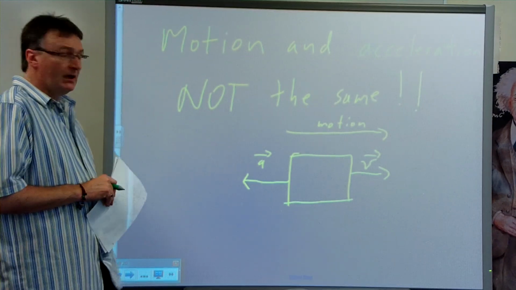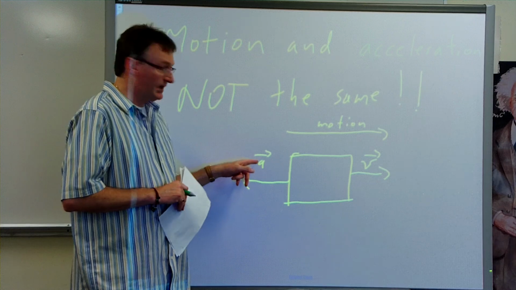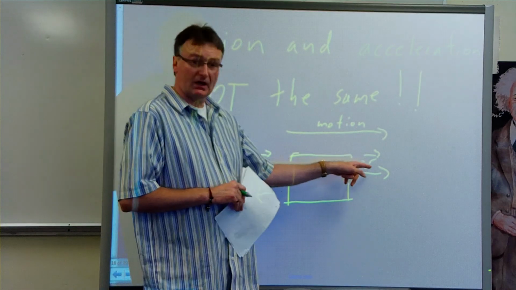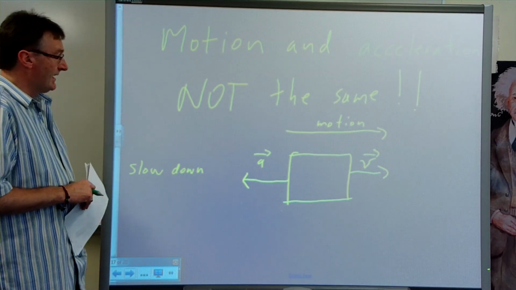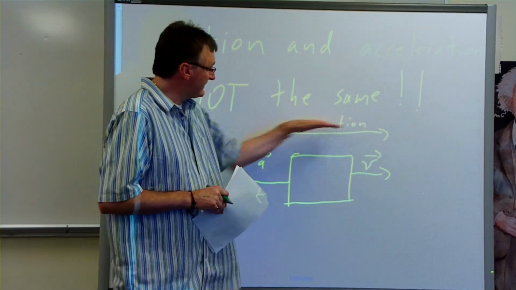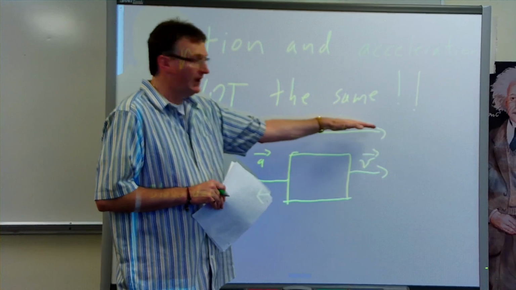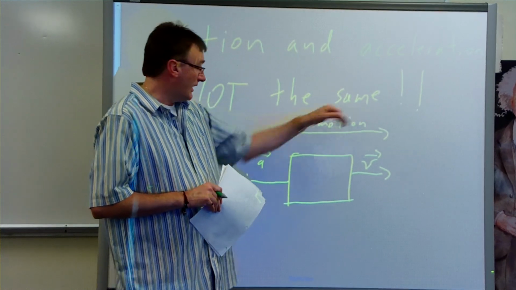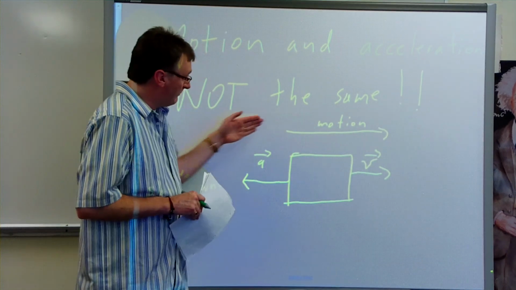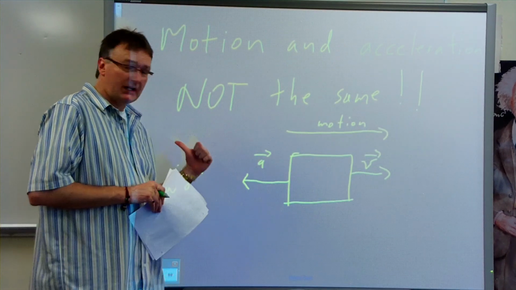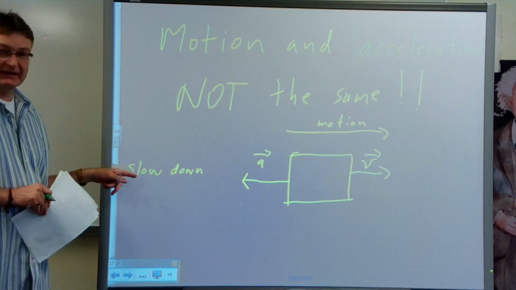On the other hand, if your acceleration is in the opposite direction of your velocity, then obviously the object will slow down. So again, this is where it's helpful to have the motion direction indication on there so that you can see right away, okay, well, there's my velocity. I'm moving this way, but I'm accelerating this way. So that means I'm slowing down.